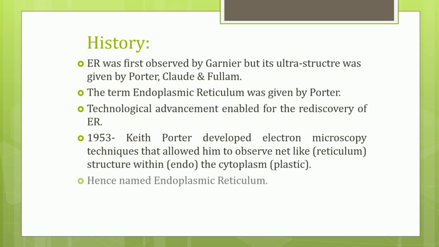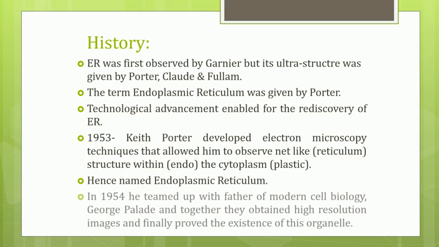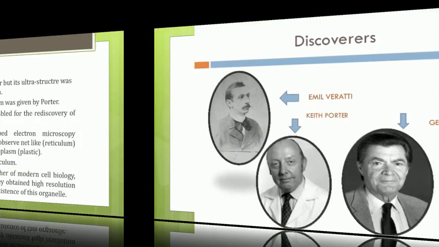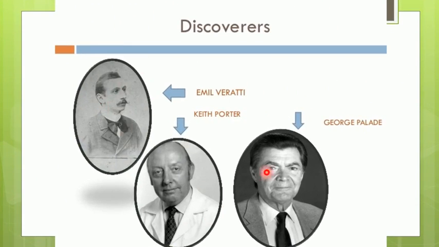Hence it is called ER. Henceforth, we will call endoplasmic reticulum as ER, which is the short form for this term. In this picture, we could see the scientists who contributed to the discovery of the endoplasmic reticulum or ER.